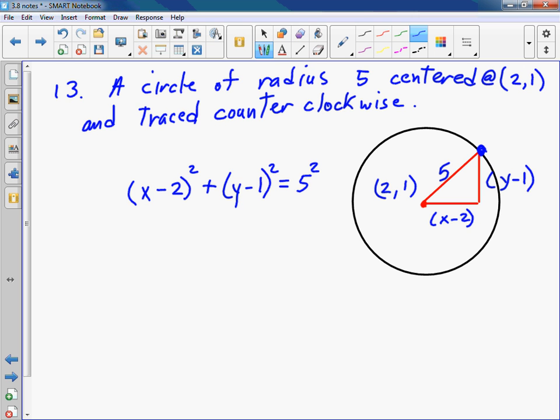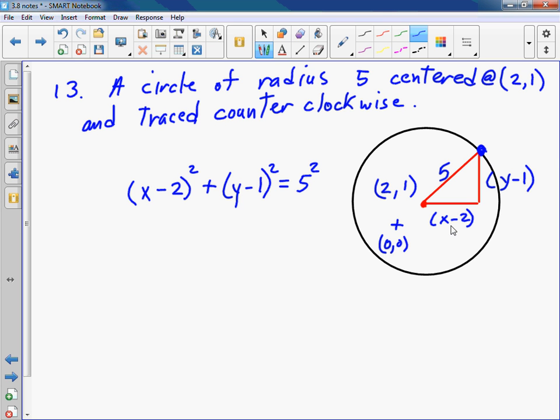The center is at (2, 1), and the origin is somewhere down here at (0, 0). So the distance along here is whatever this distance is minus 2, and whatever this distance is minus 1. The Pythagorean theorem applies beautifully. So that's a quick little review.